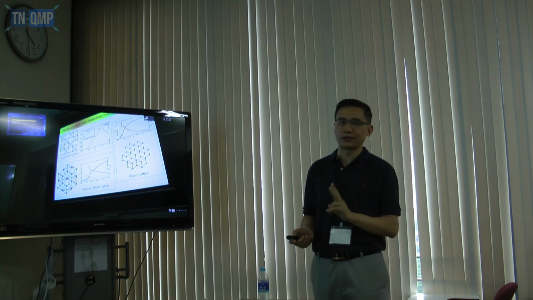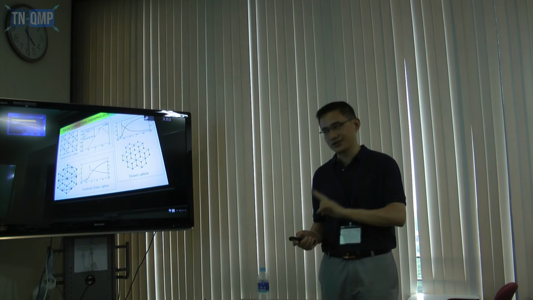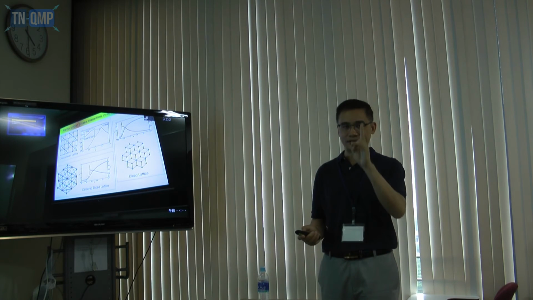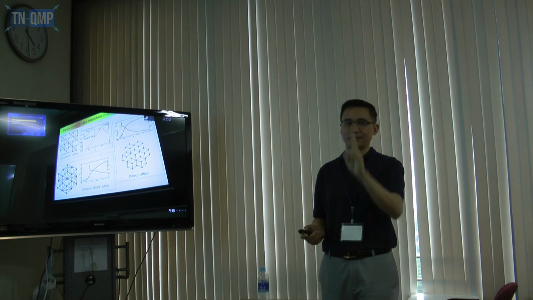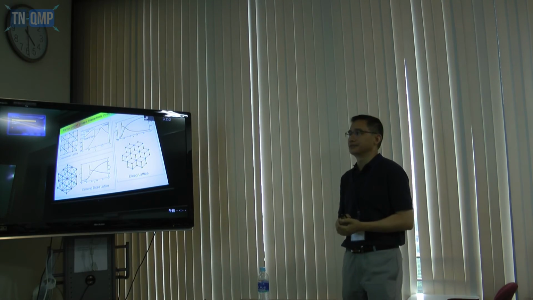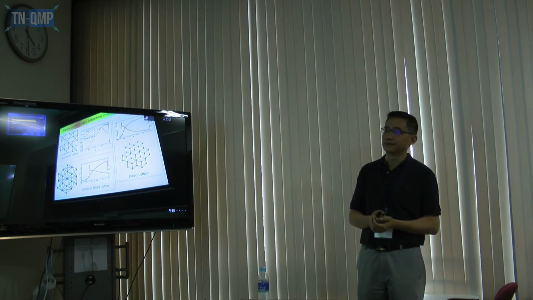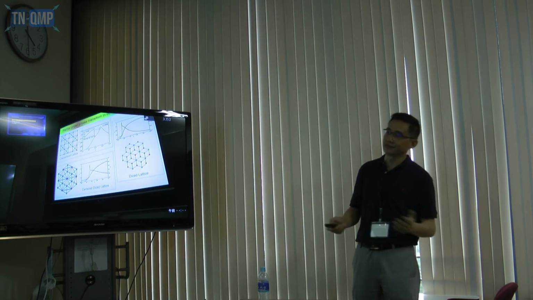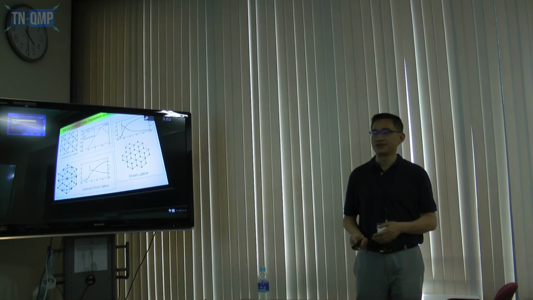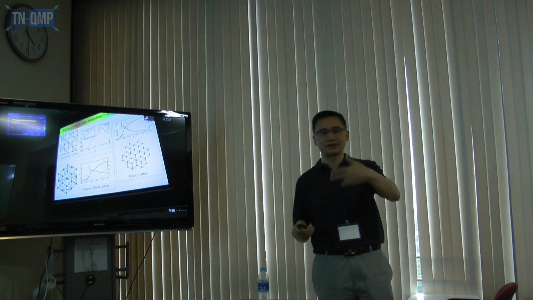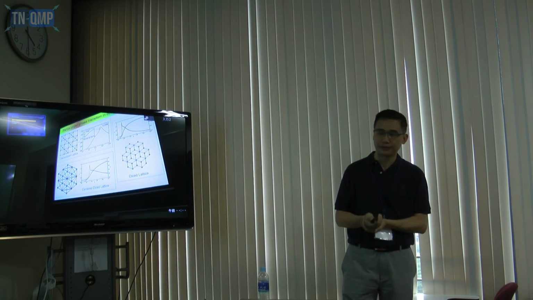If it's q to the 4, then either it's q to the 5 or q to the 4, then there are two transition points. There are two phase transitions. I see. So in some cases it happens simultaneously, in some cases separately.